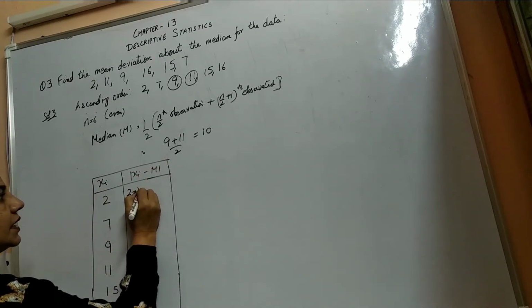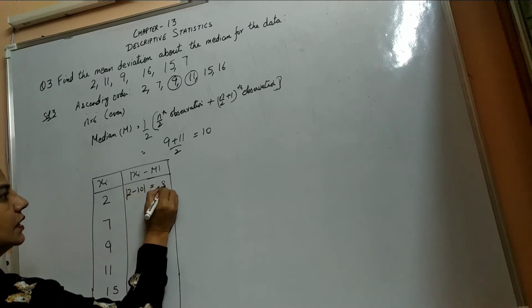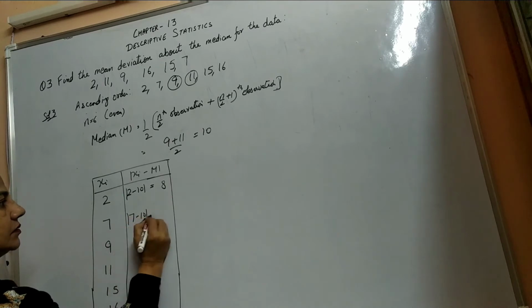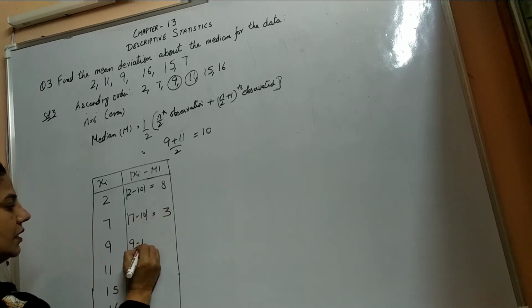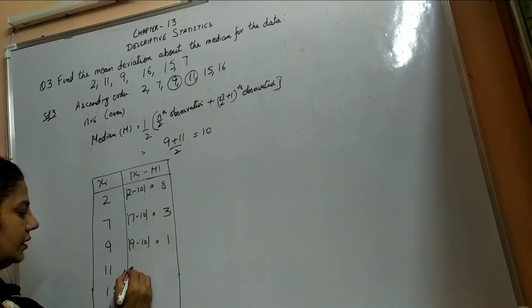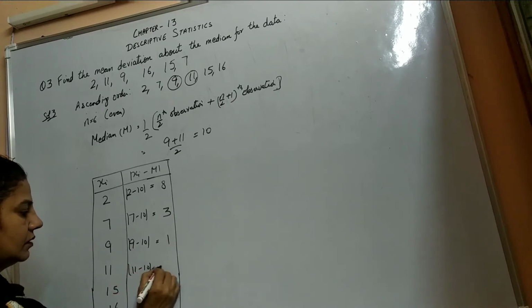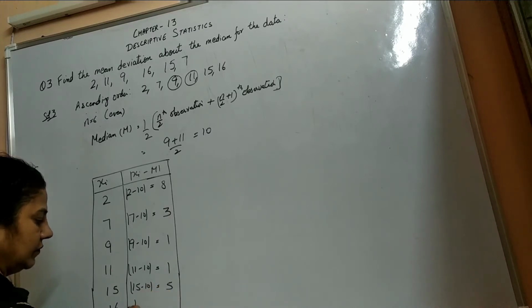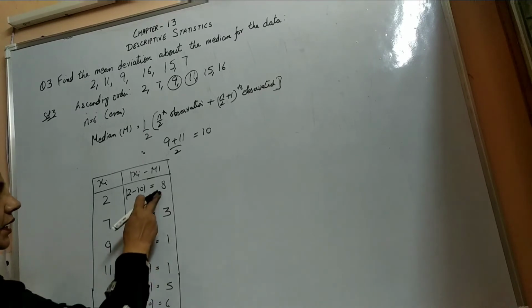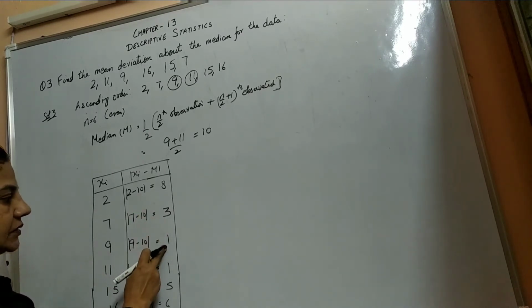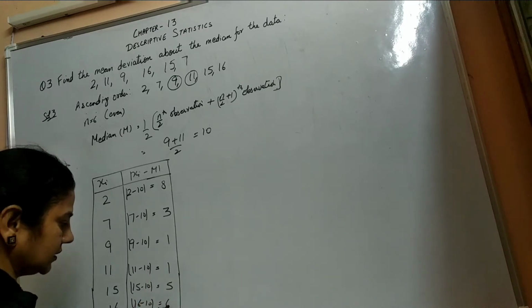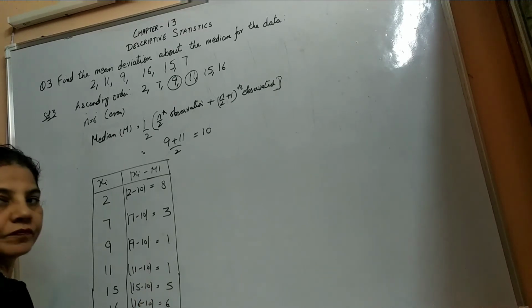Two minus 10 is 8, as the median is 10. 7 minus 10, 3. 9 minus 10, 1. 11 minus 10, 1. 15 minus 10 is 5. 16 minus 10 is 6. Add all this: 8 plus 3, 11 plus 1, 12, 13, 18, and this is 24.